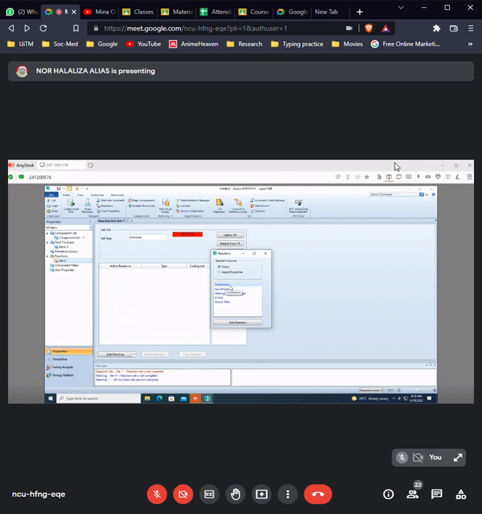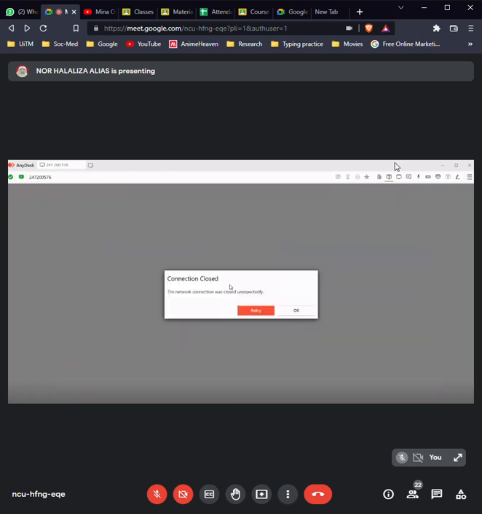Because yang wujud sebenarnya type of reactor adalah contoh CSTR, PFR, batch, itu adalah the real name ataupun condition yang wujud dalam industri tapi conversion ni sebenarnya tak wujud, dia macam dummy lah.